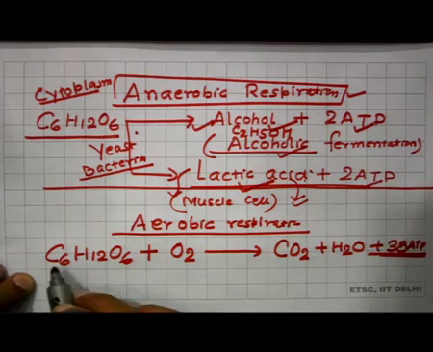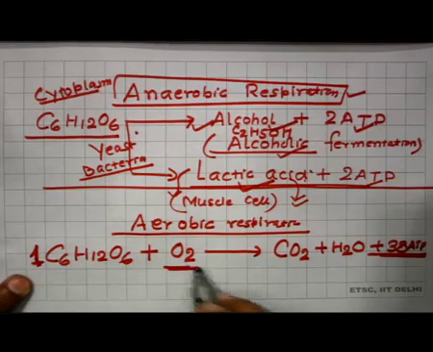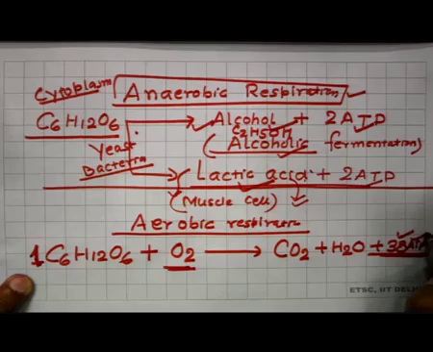So, when one molecule of glucose is oxidized, it gives 38 ATP.